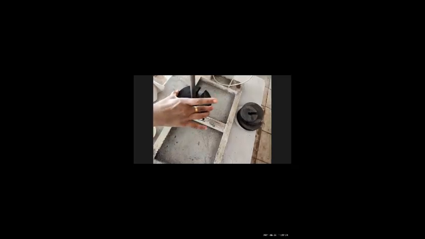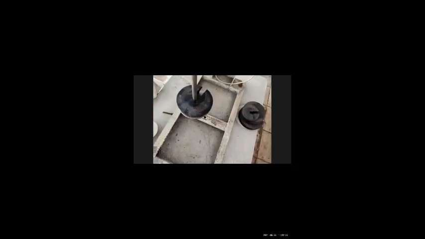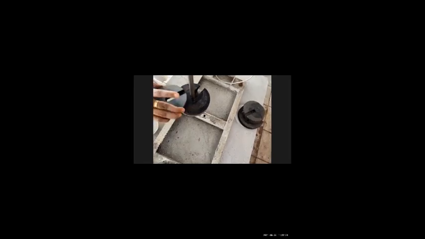Again put the weight. Also check whether there is any difference in the dial gauge or proving ring.